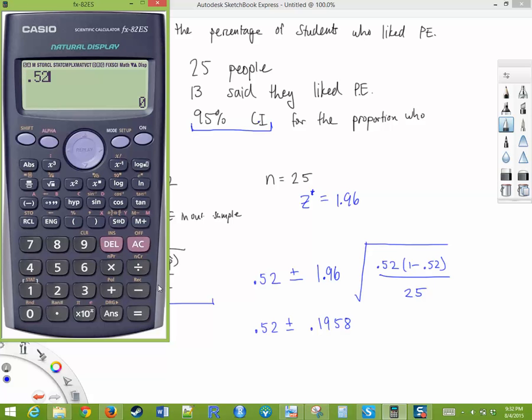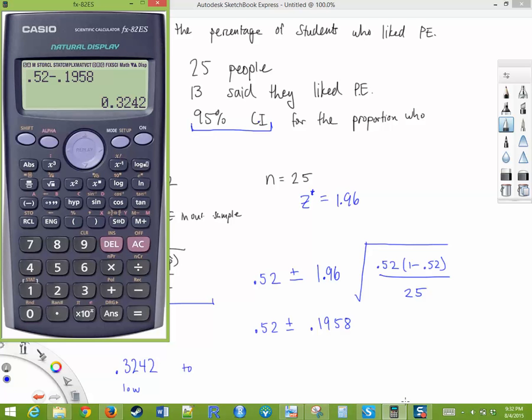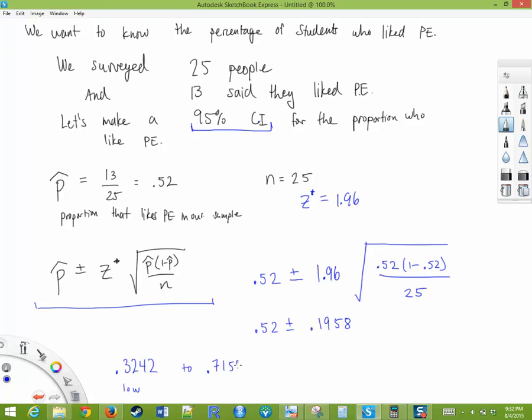So 0.52 minus 0.1958 is 0.3242. That's on my low end, right? And on my high end, I do 0.52 plus 0.1958, and that takes me to 0.7158. And this is on my high end.